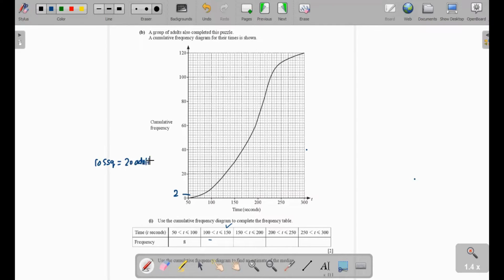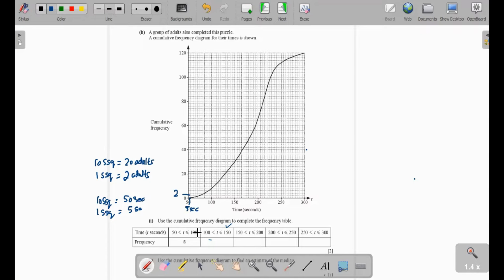Now one small square value is equal to 20 over 10, which is 2 adults. Similarly, on the x-axis, our time axis, 10 small squares equal 100 minus 50, which is 50 seconds. It means one small square is equal to 5 seconds.